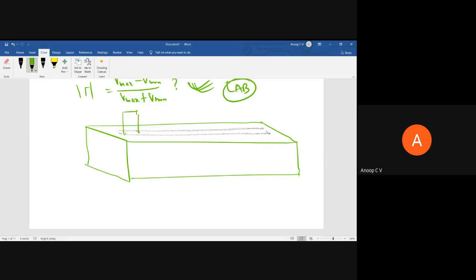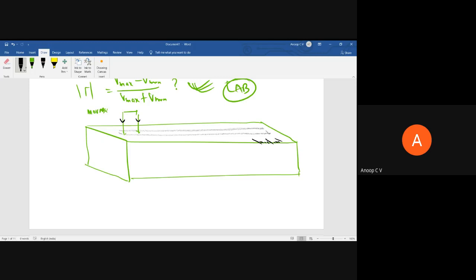It's a movable probe, a movable jack. And of course, on this there will be a vernier scale where distance will be marked. So you can move this jack and measure the voltage at any given distance.